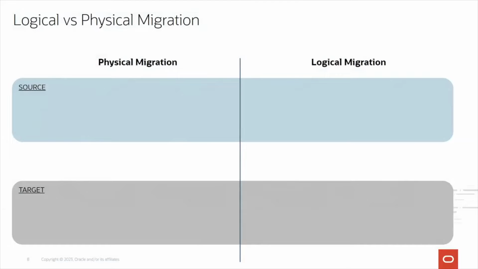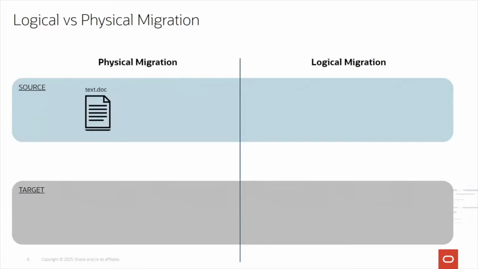But before that, we should understand migration through two main terms: physical migration and logical migration. Once you understand this terminology, it is much easier to decide which solution or method to adopt. Let me explain.